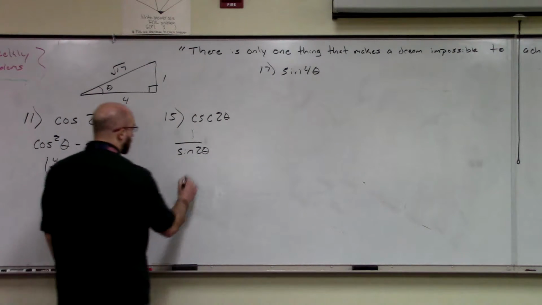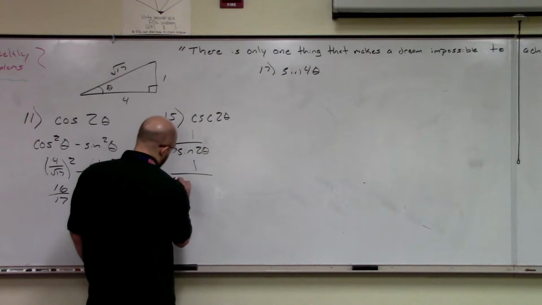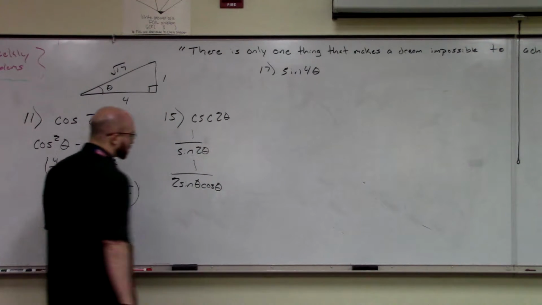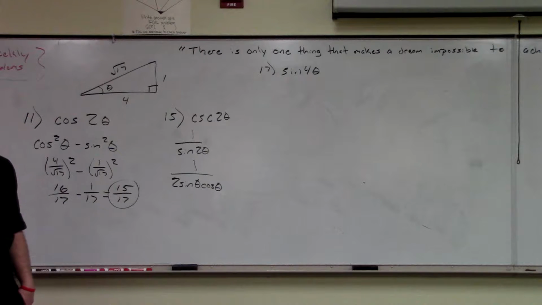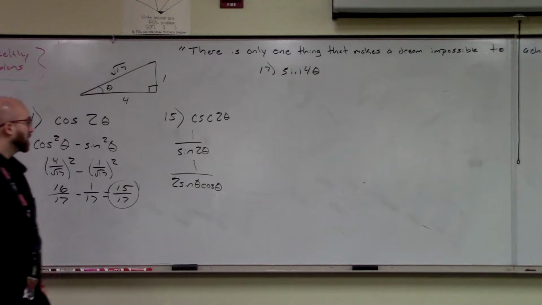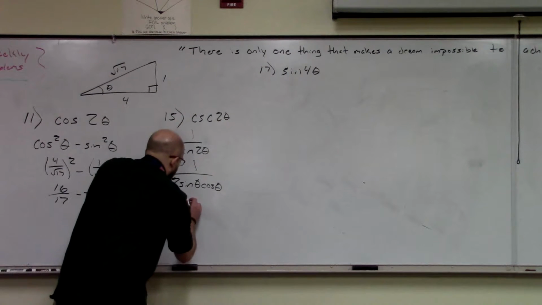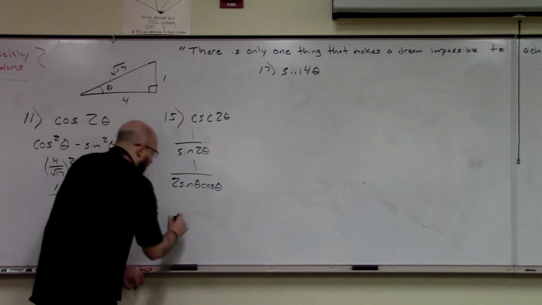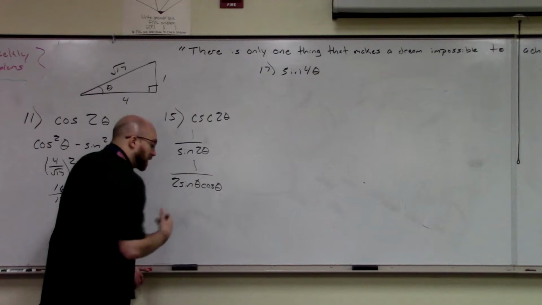Sine 2 theta has one formula: 2 sine theta cosine theta. So again, plug in our numbers for sine theta and cosine theta. I'm just going to do the bottom. Let's just remember it's all being divided, or underneath 1.